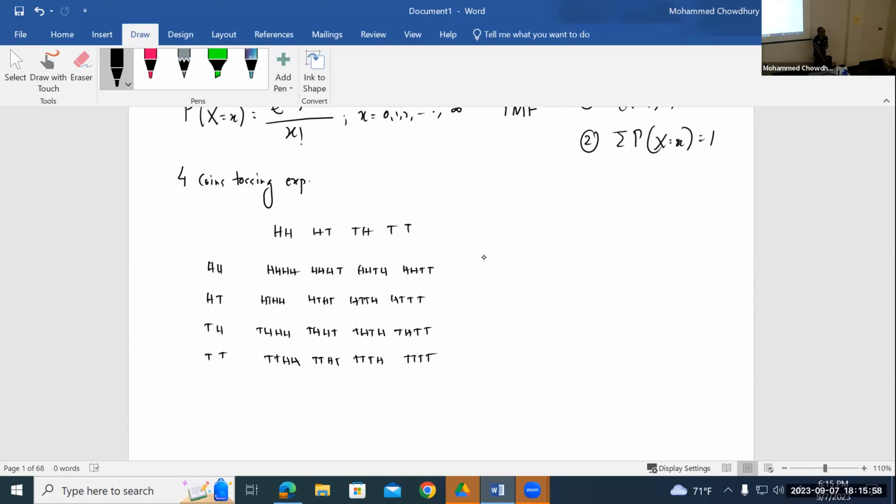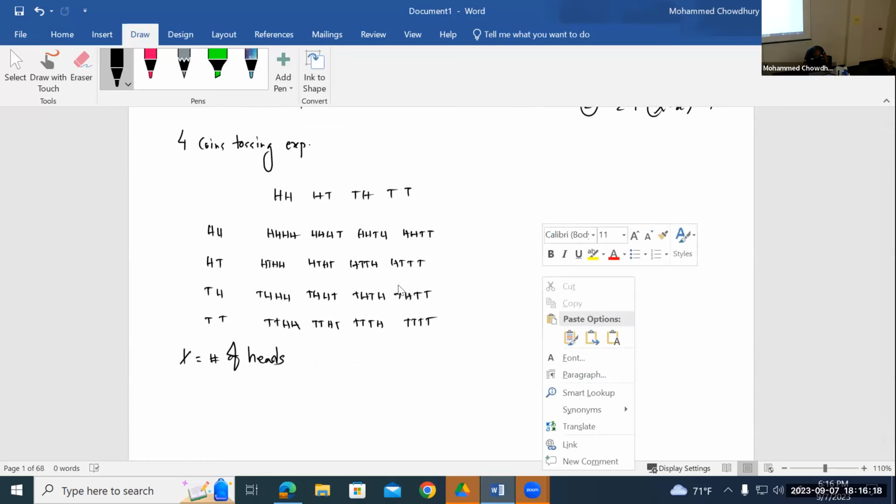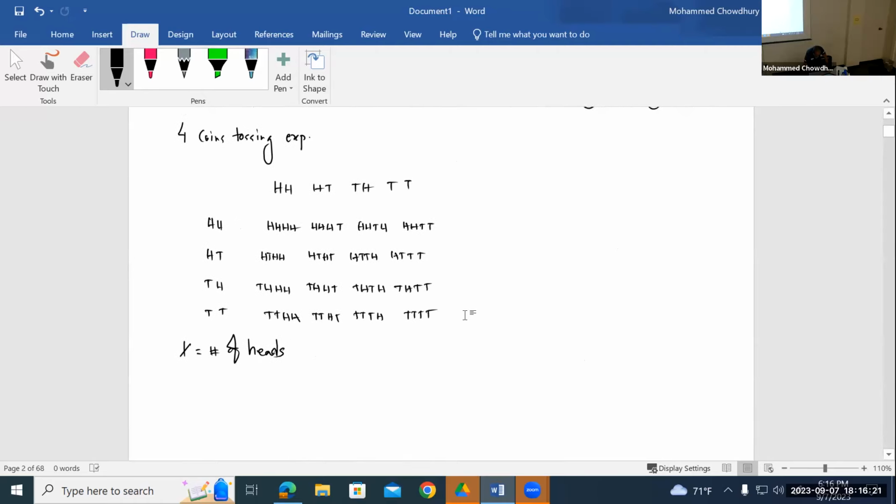If you toss 4 coins, you will end up with 16 sample points, right? 16 sample points. So now if I want to compute these things, X equal to number of heads. Then if I want to write, probability of X equal to 0 equals 1 over 16, because for 0 heads there is only one sample point.